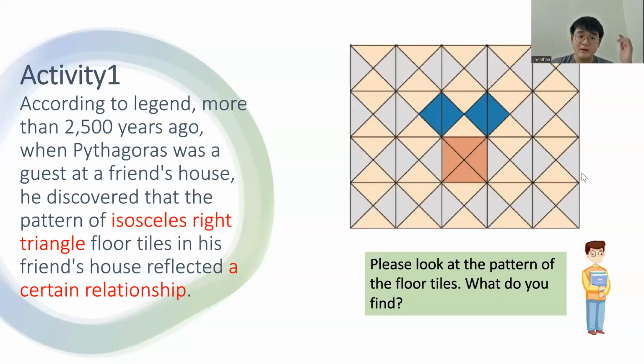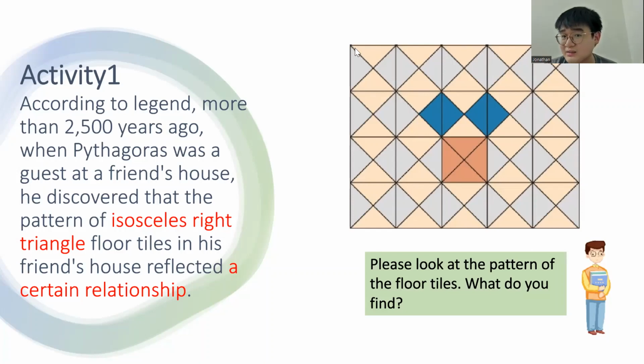According to legend, more than 2,500 years ago, when Pythagoras was a guest at a friend's house, he discovered that the pattern of isosceles right triangle floor tiles in his friend's house reflected a certain relationship.